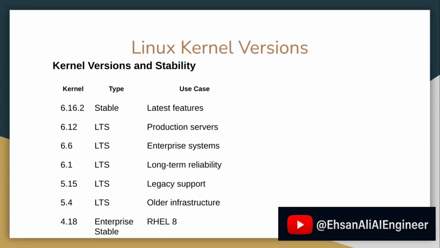Organizations running production systems prefer LTS kernels because they receive security updates and bug fixes for several years. For example, many enterprise Linux distributions are based on LTS kernels because reliability is more important than having the newest features. And on my screen, I have shown some stable versions and some long-term support versions.